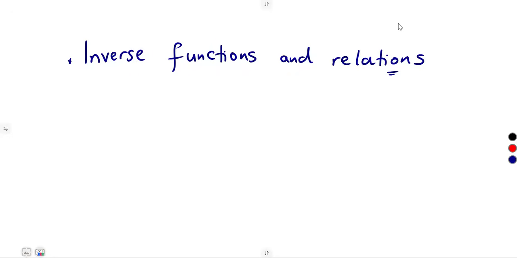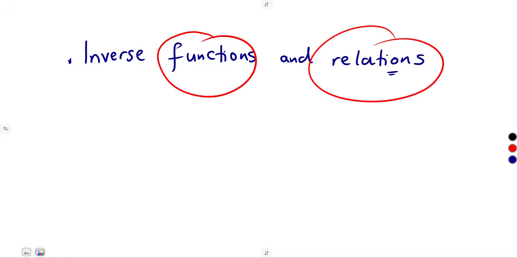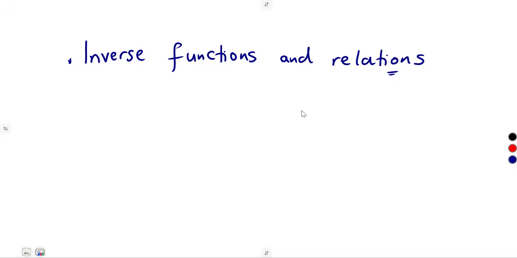So, as we have studied and learned in the previous sections, it is important that we now go into inverse functions and relations. Remember, we talked about the difference between functions and relations using the vertical line test.